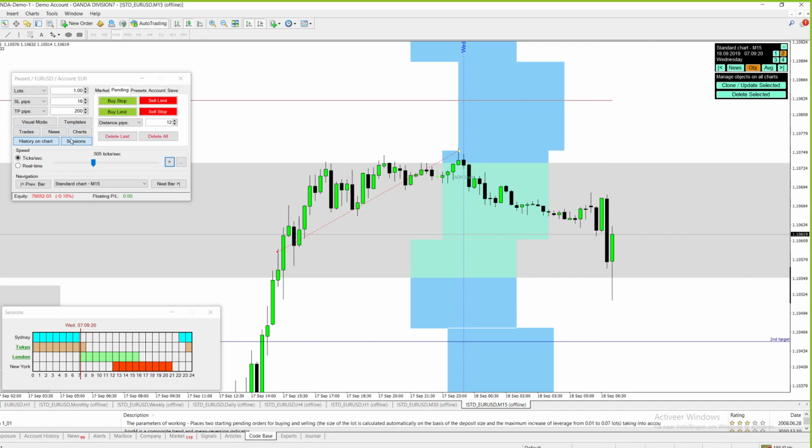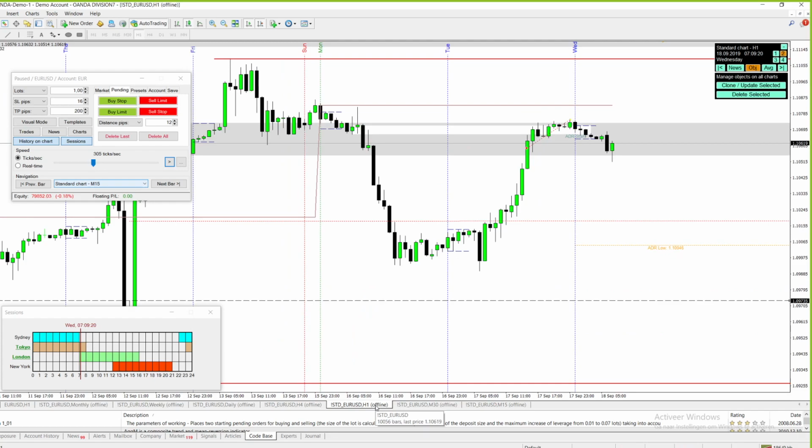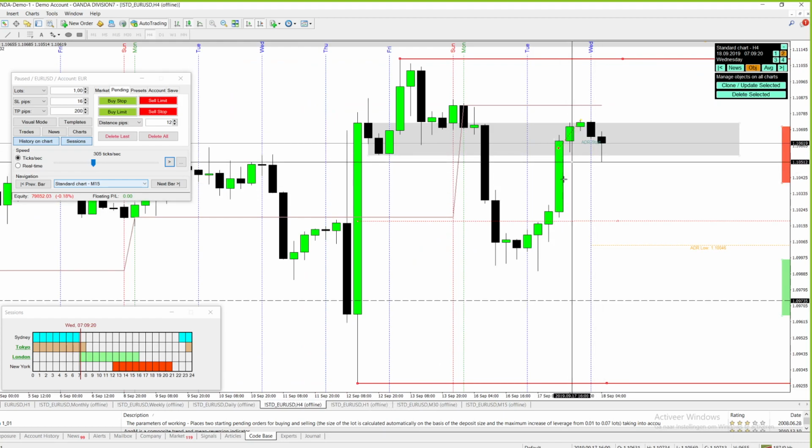So let me see what it looks like on the 30, the 1 hour, and the 4 hour. 4 hour is rejecting this fair value gap, but this needs rebalancing at least.